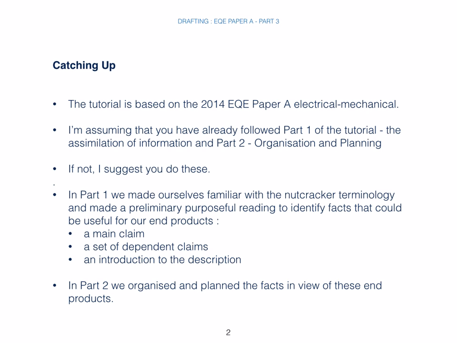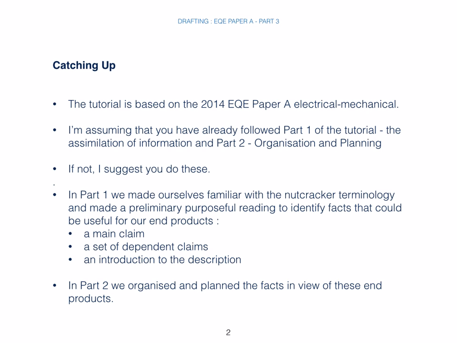In part 1, we made ourselves familiar with the Nutcracker terminology and made a preliminary purposeful reading to identify facts that could be useful for our end products, which are a main claim, a set of dependent claims, and an introduction to the description.